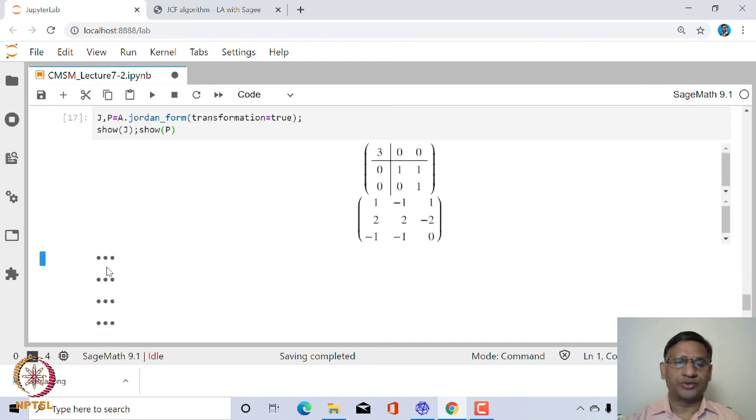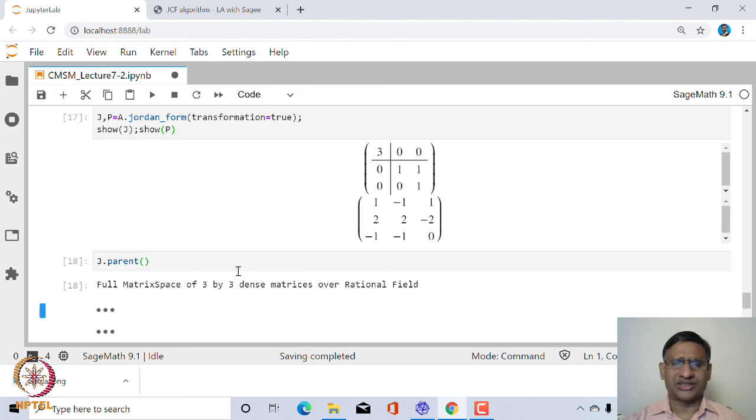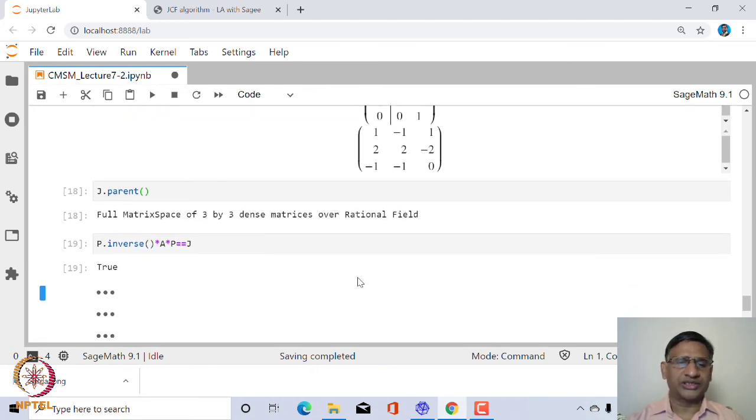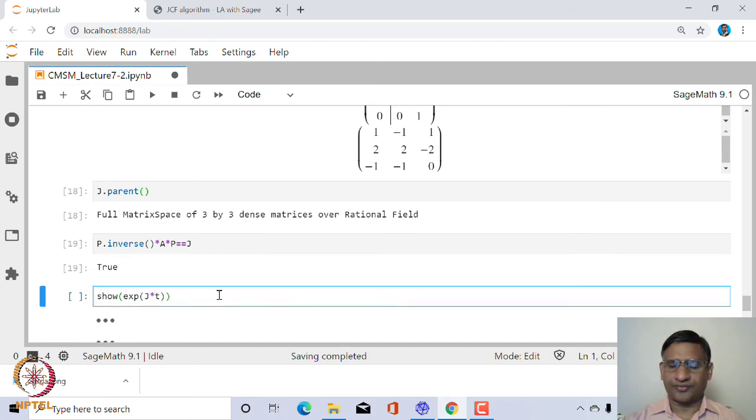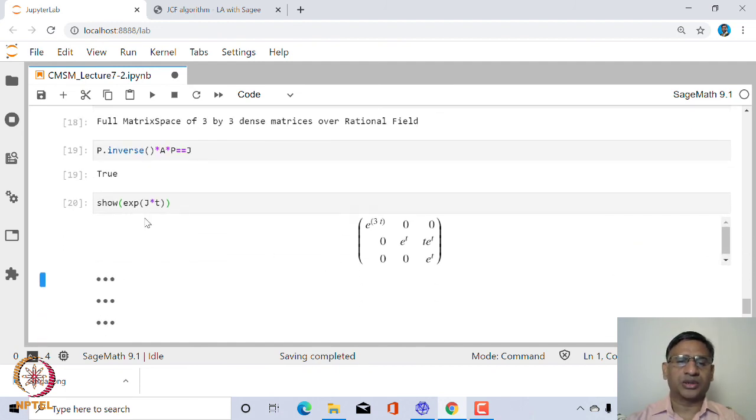Now you can ask whether P inverse AP is J, that is true. This is just to check that what you have obtained is correct, and then you can ask it to find the exponential of this Jordan canonical form.